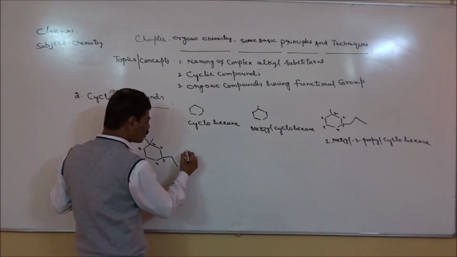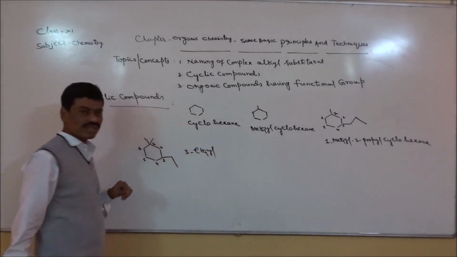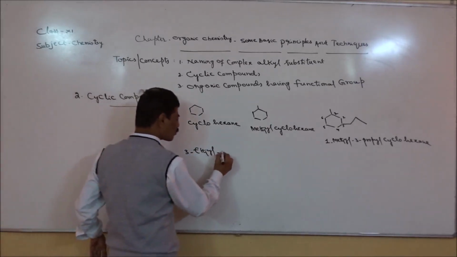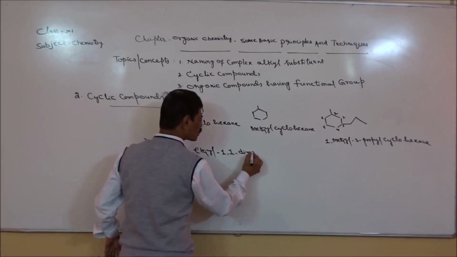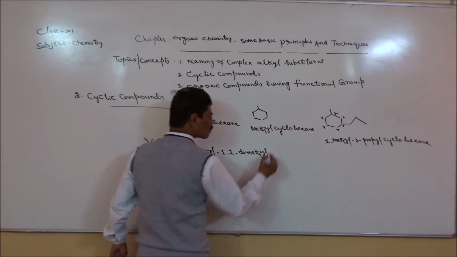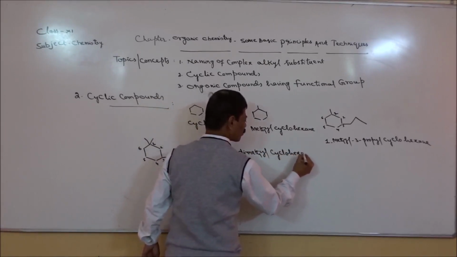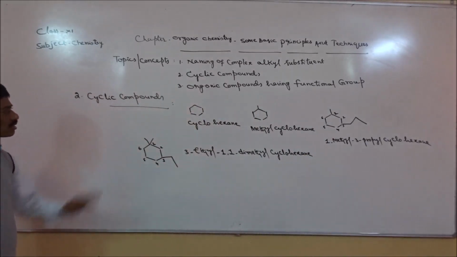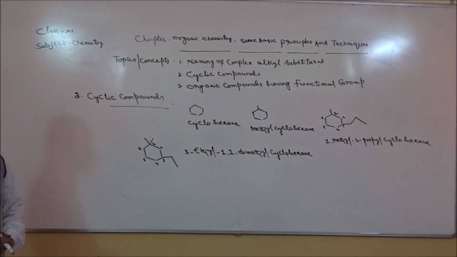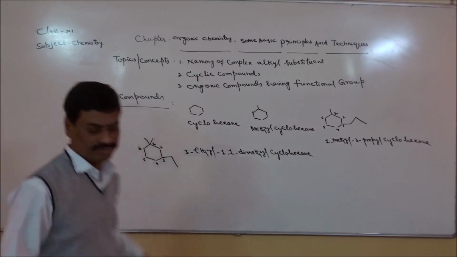So its name is 3-ethyl-1,1-dimethylcyclohexane. Right? That's how the cyclic compounds or the ring structures which do not contain pi bonds are named.